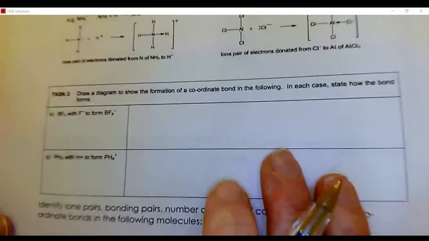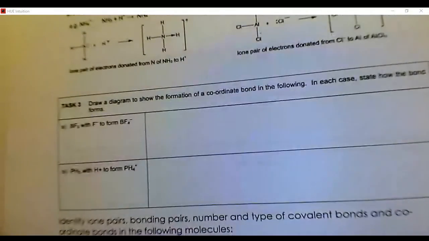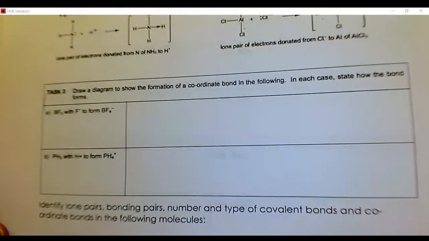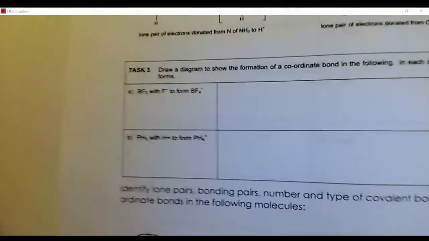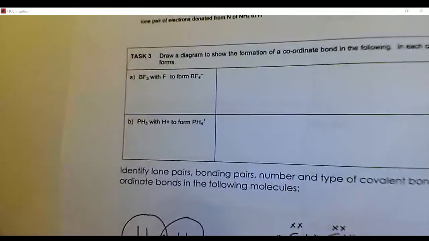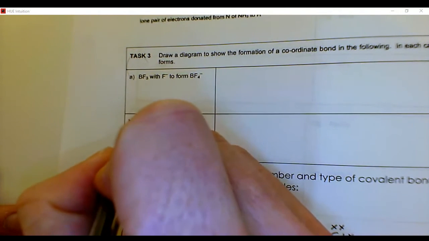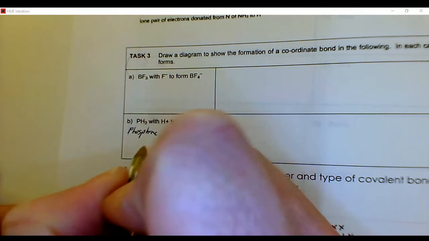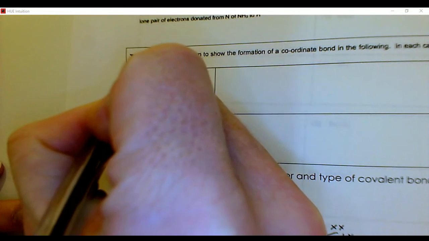Now, your task is to try and follow that format and complete these. BF3, boron trifluoride, with F minus forms BF4 minus. PH3, which is phosphine, or phosphorus trihydride, you get away with that.